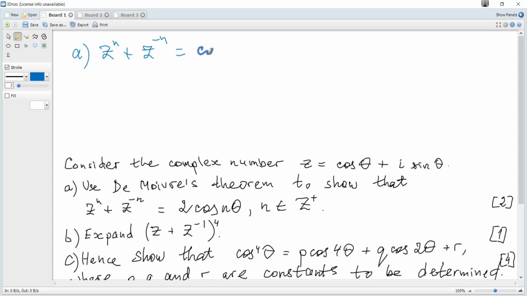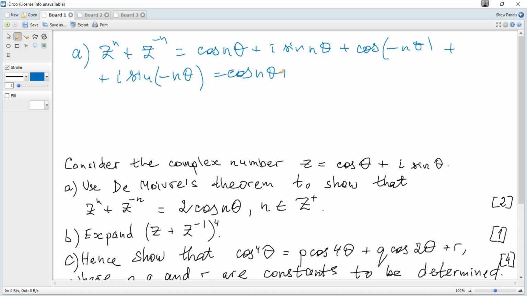cosine of n theta plus i sine of n theta, plus cosine of negative n theta, just substituting negative n for n, plus i sine of negative n theta.